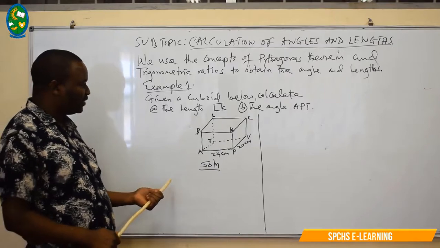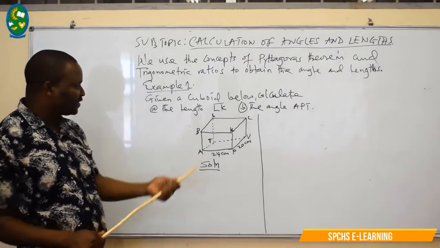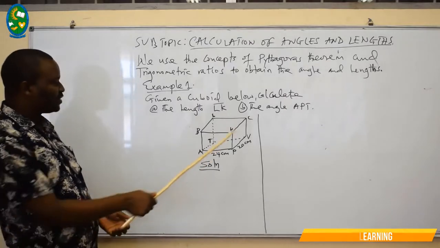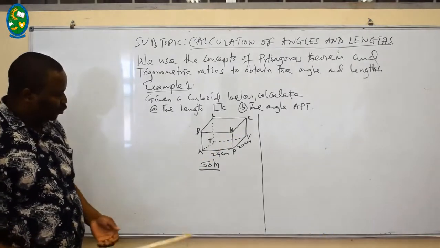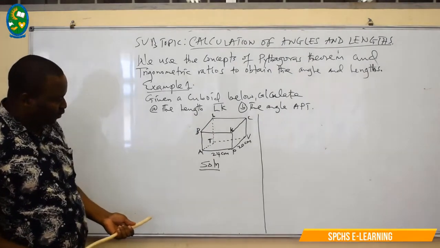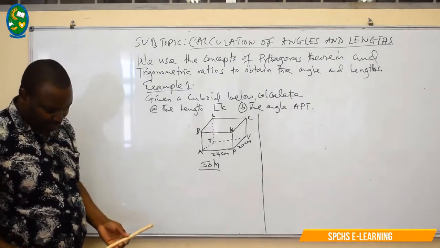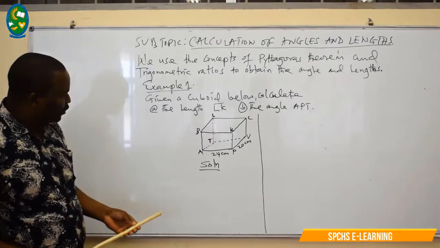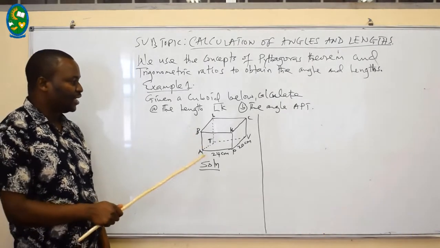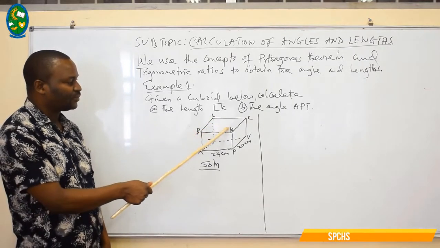We have been given the planes, the lines, and the other things involved here. To calculate the length LOK, let me show you what LOK is. LOK here is this one.